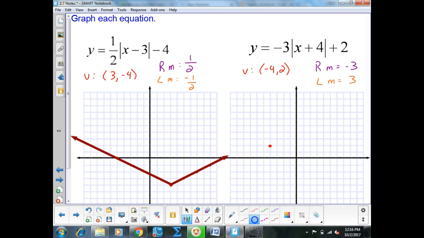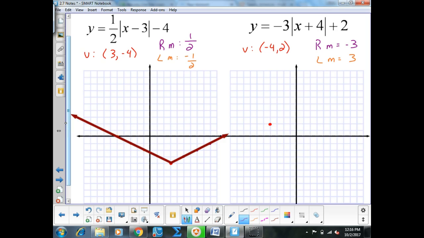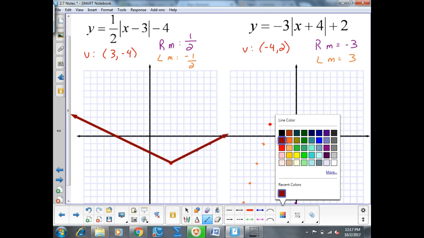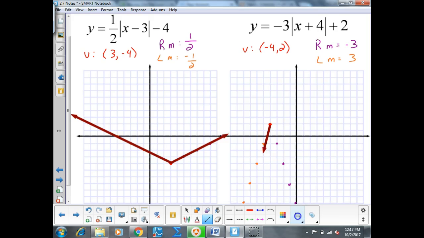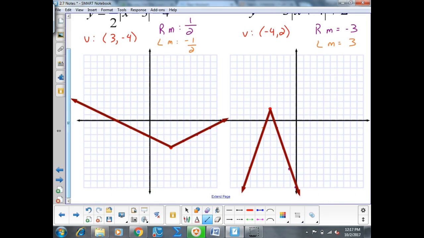So my right side slope there, 1, 2, and 3 there, there. So that one's going to look like that.